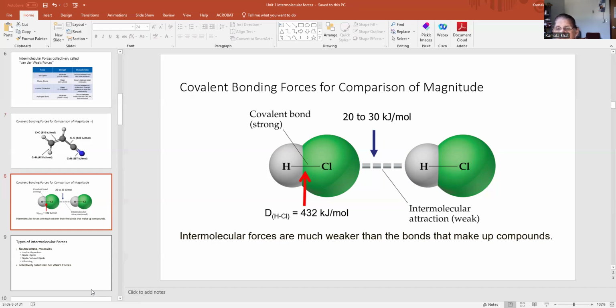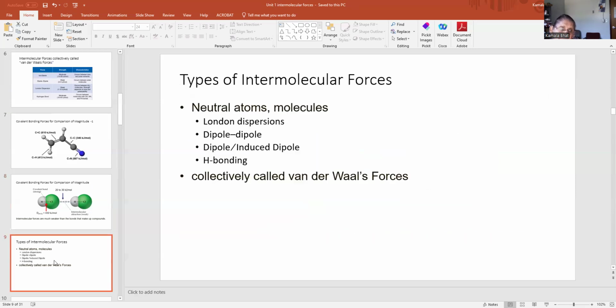The intermolecular forces: because Cl has a slight electronegativity and is negatively charged, it attracts the hydrogen of another HCl molecule. It is a weak attraction force. And so intermolecular forces are much weaker than the bonds that make up the compounds.